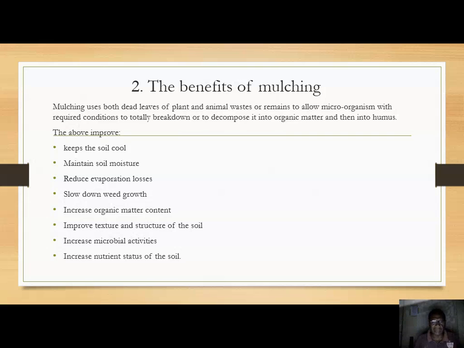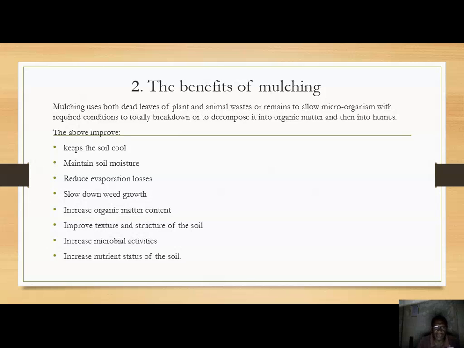Once those dead materials decay or decompose or rot, they become organic matter, so the organic matter content in the soil will be high. And once the organic matter in the soil increases, it improves the texture and structure of the soil. It creates air spaces.